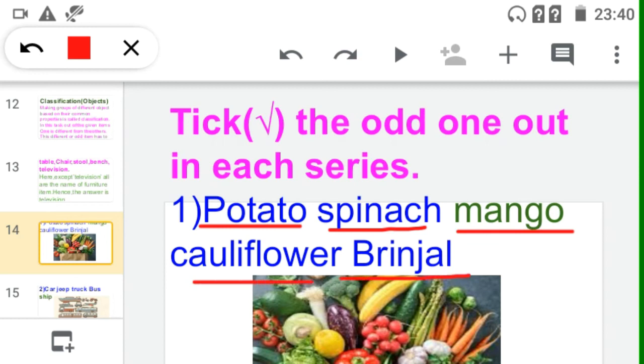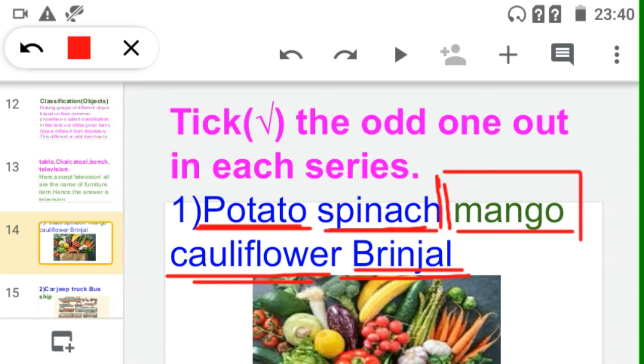So have you observed, student, potato is a vegetable, spinach is also a vegetable, cauliflower is also a vegetable, and brinjal also a vegetable. But have you observed, student, mango, is it a vegetable? No, mango is not a vegetable.